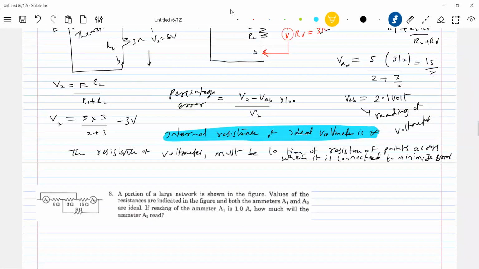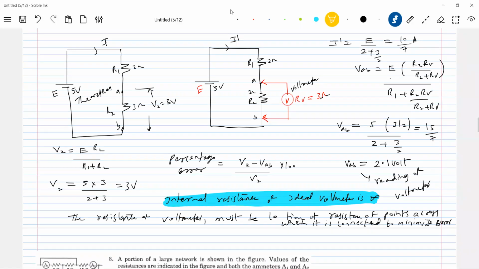When you connect a voltmeter across an element, what was the resistance of this? 3 ohm. After introducing the voltmeter, how much has the effective resistance become? Less than 3, no? It will decrease. So what will happen to the current through the branch? It will increase. So now, is there any possibility of this R1 getting damaged?